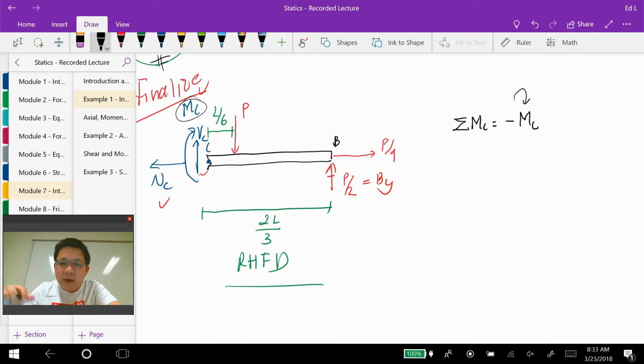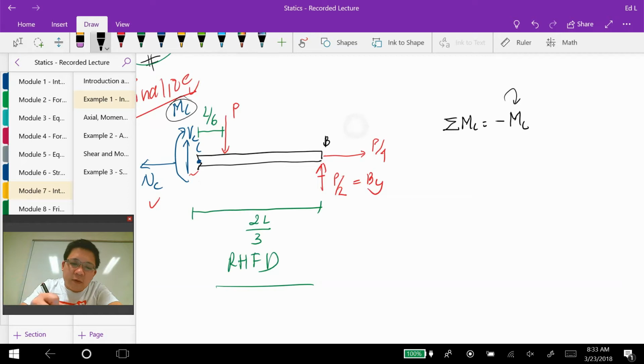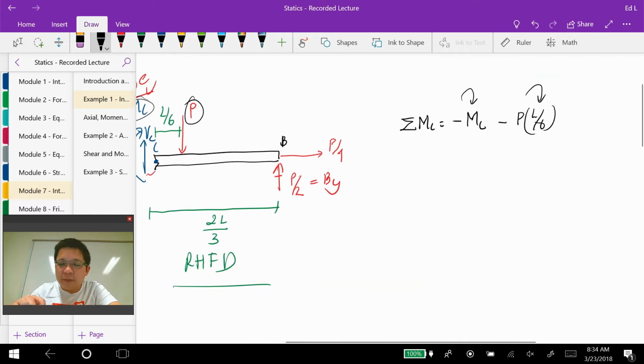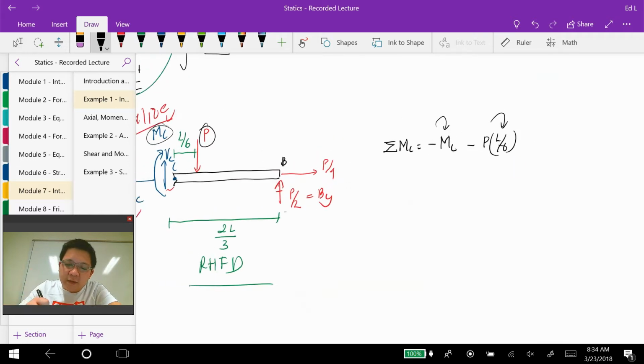And then I have the contribution from this P force right there, so negative P times L over 6, negative because it's also a clockwise rotation with respect to point C. And lastly we have this BY, and BY right now is positive because it's going counterclockwise.